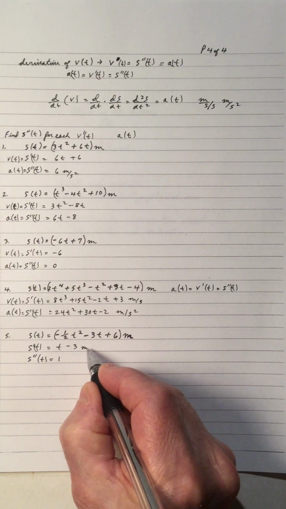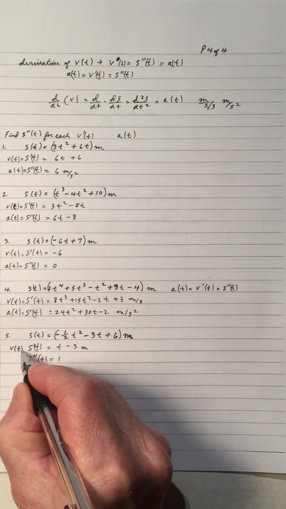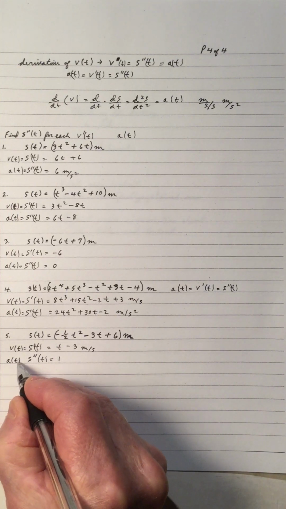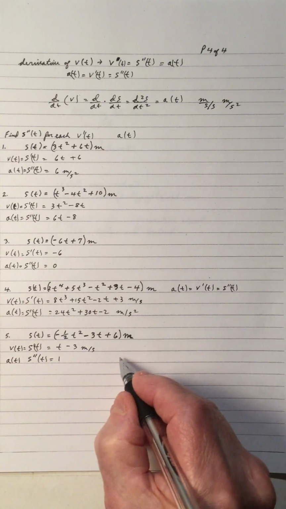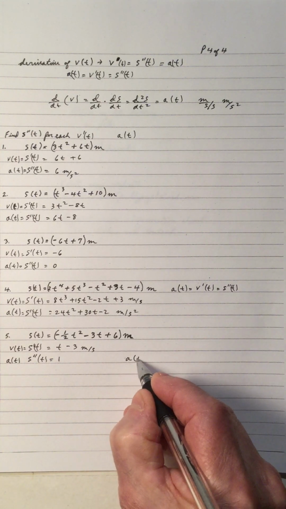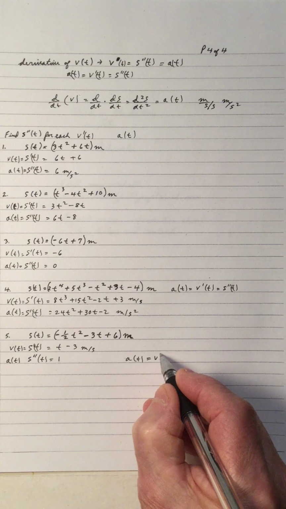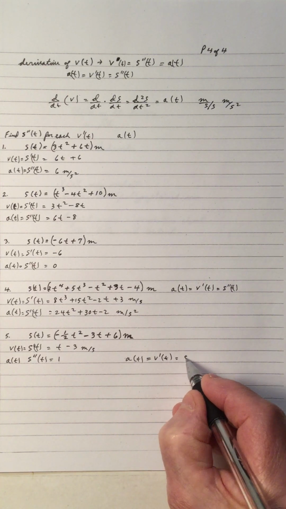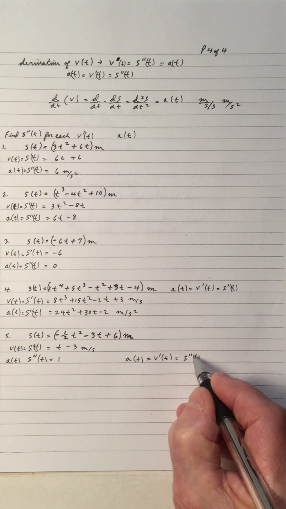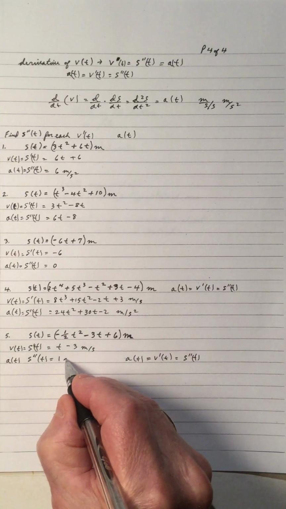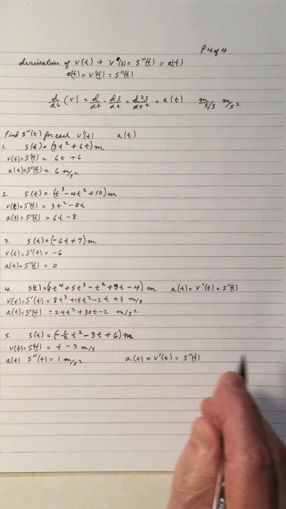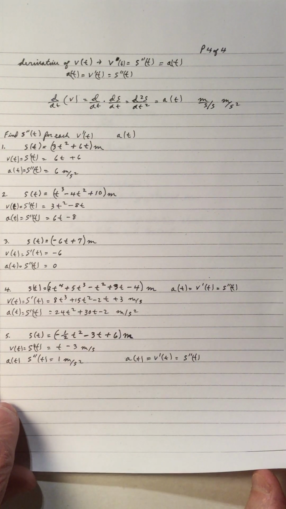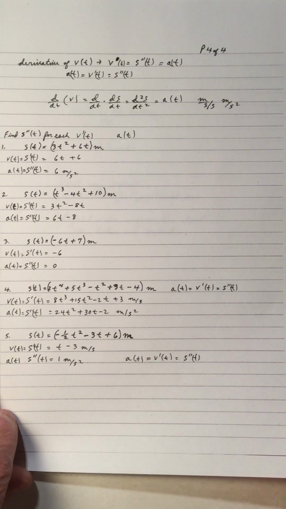This is the velocity, meters per second, and this is acceleration, the derivative of the velocity and double derivative of the position function. Just a review of a particle moving along a straight line.